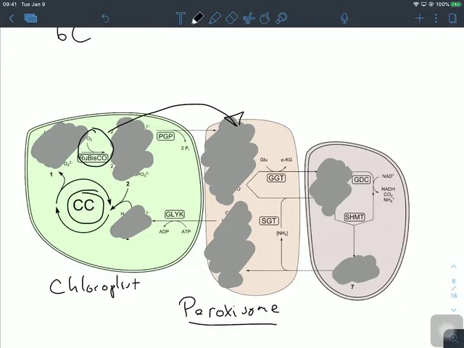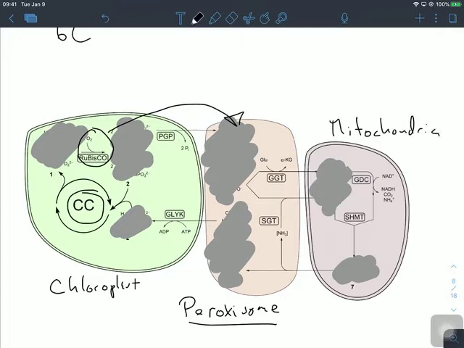Remember this organelle from our first lecture where we talked about the different metabolic functions of all of our different cellular components? The peroxisome was plant specific and had to deal with waste products from photosynthesis. Well, this O2 plus rubisco is the waste product that we're talking about. It goes from the chloroplast to the peroxisome to the mitochondria.